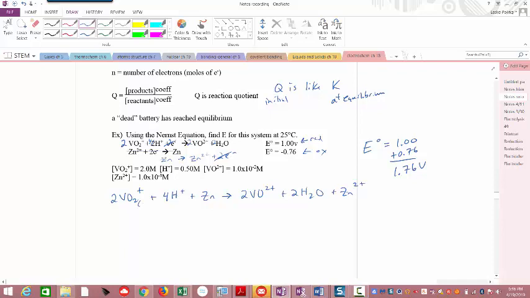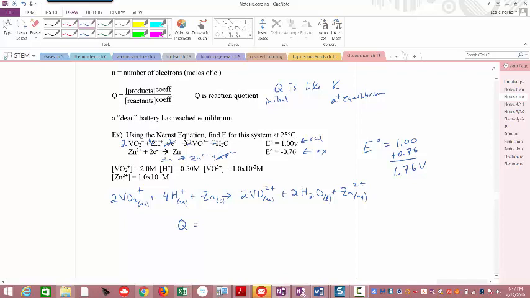Okay. Our ions will be aqueous. Zinc is a solid. Water is a pure liquid. Okay. And we need this because what is Q?